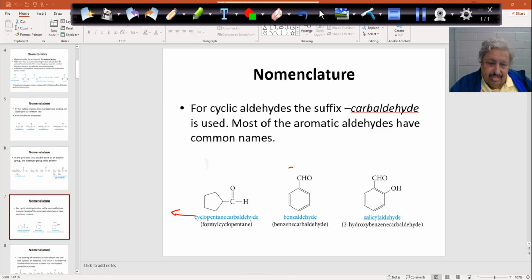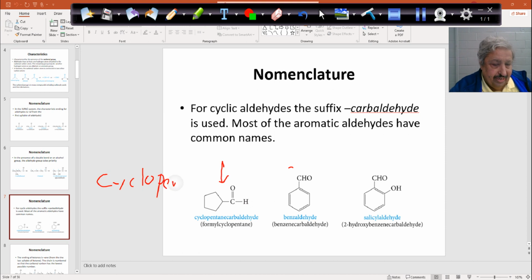So how do we name this? Just with the same thing we did. So this is cyclo, and what is this? Cyclo what? Pentane, butane, hexane? How many carbons do you have in this ring? 5. The first one, yeah, this one. 5.